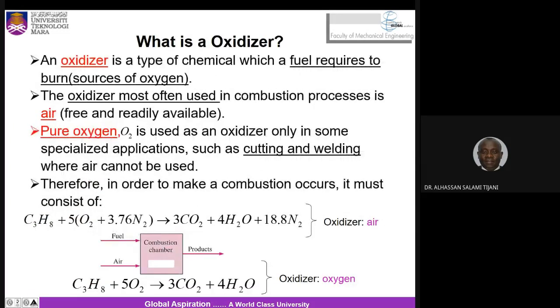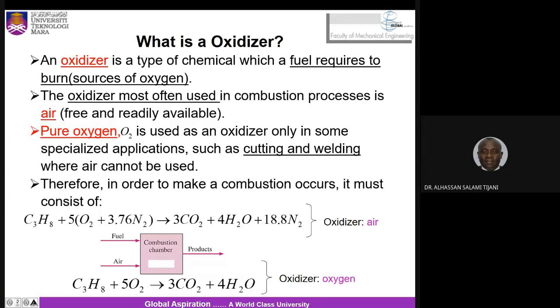Now what is an oxidizer? We know from basic chemistry that an oxidizing agent is mainly oxygen. When you add oxygen to a particular element or a mixture, then that mixture is being oxidized. However, if you remove the oxygen from a substance, it is called a reduction.